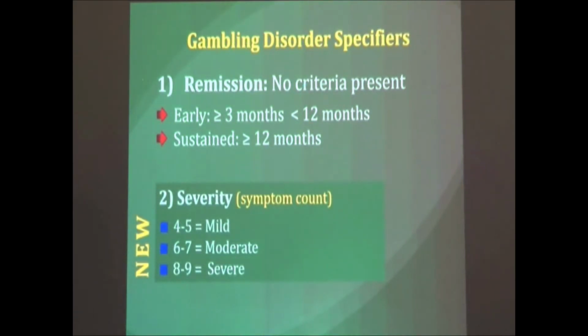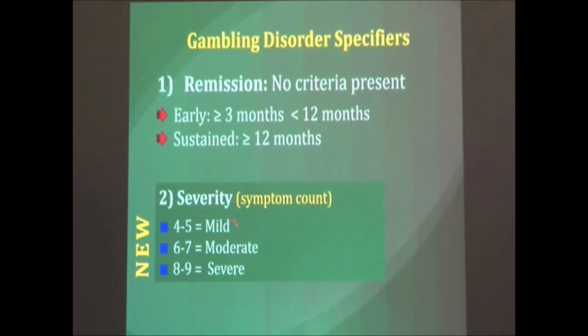And the severity level, now this is a little bit different from the substance use disorder, which started at 2 or more. So it's on the continuum from mild to moderate to severe based on a symptom count. So this is a numbers game. If you're giving a diagnosis, don't be afraid to count it, to get the numbers where they need to be for the approval for the recommended level of treatment that you're going to ask for or recommend for the patient.